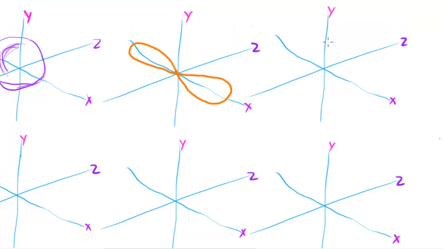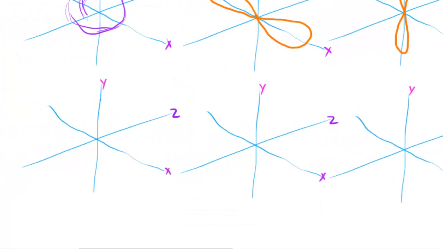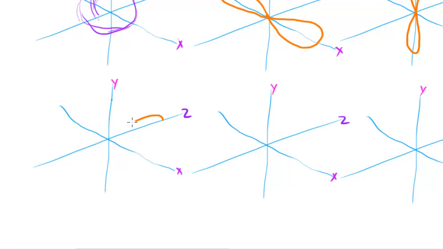And the next thing I'll do is draw the y one. The y one is practically the same, but in a different axis. And the same goes for the z one. The z one also goes in the same axis and around.